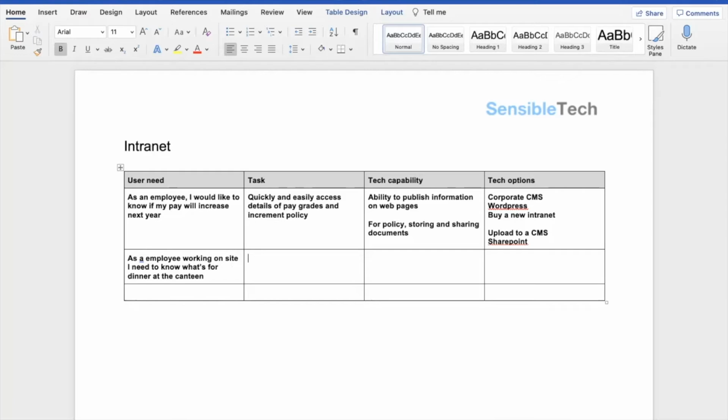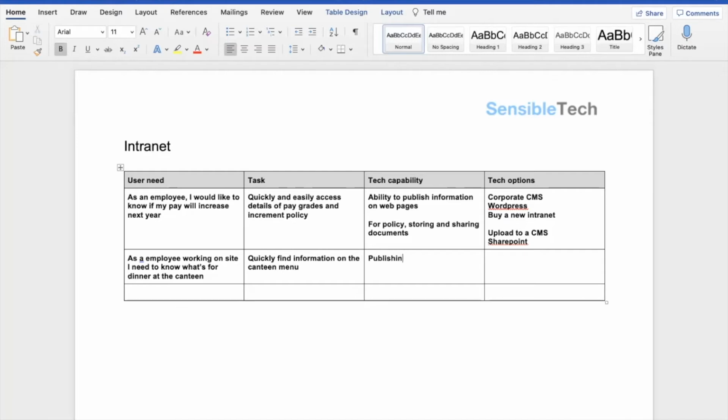Okay, and again, that means I want to quickly find information on the canteen menu. You'd be surprised how important this is to people, where there is a canteen anyway.